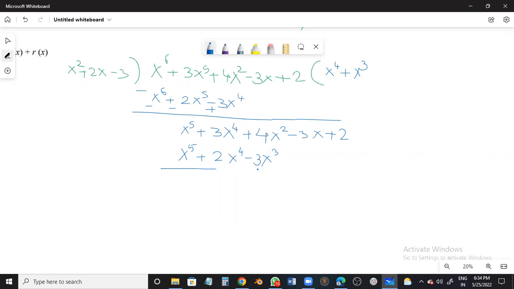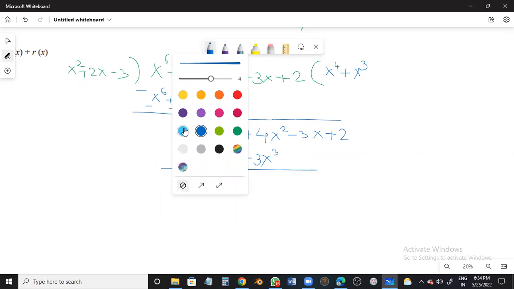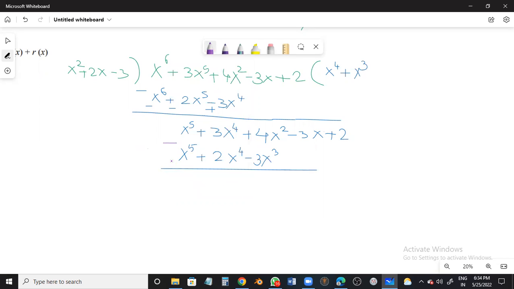Again we are subtracting, so the signs are changed. This gets cancelled, and 3 minus 2 gives me 1, so x raised to 4. Then I have plus 3x cube plus 4x square minus 3x plus 2.